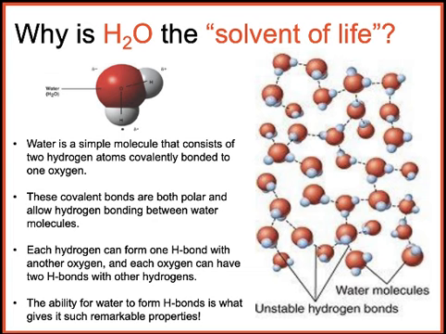So why is H2O the solvent of life? A single molecule of water is kept together by polar covalent bonds between the oxygen and the hydrogen atoms, while the water you drink is made up of trillions of water molecules held together by weak hydrogen bonds.